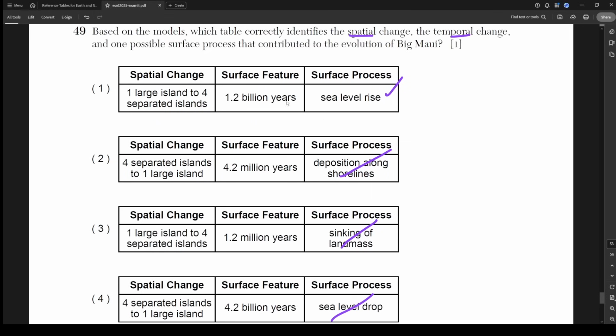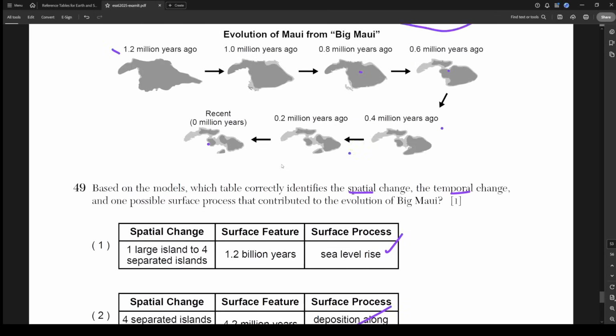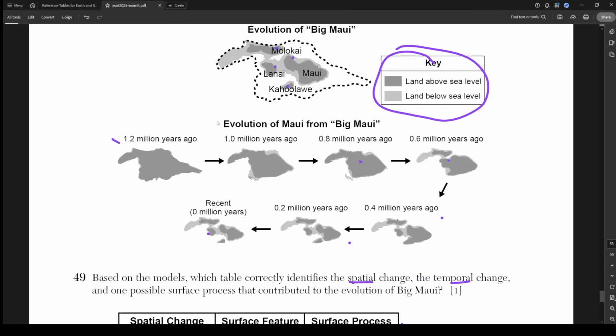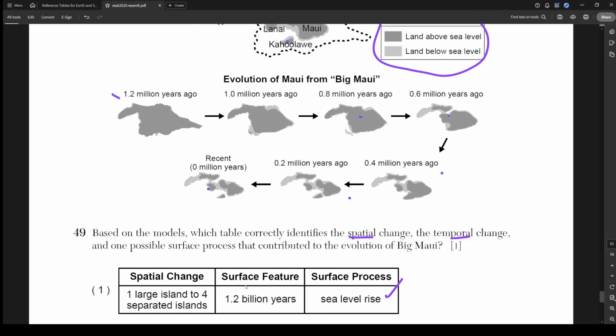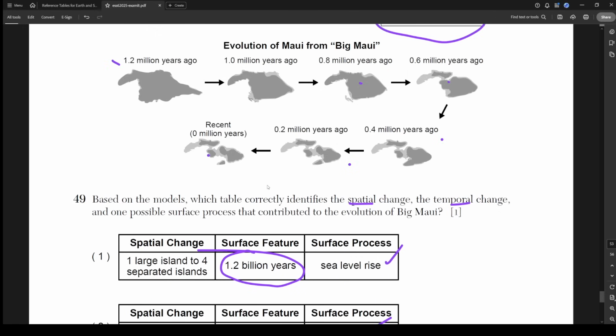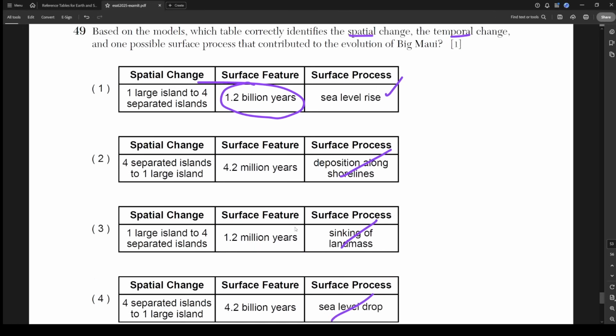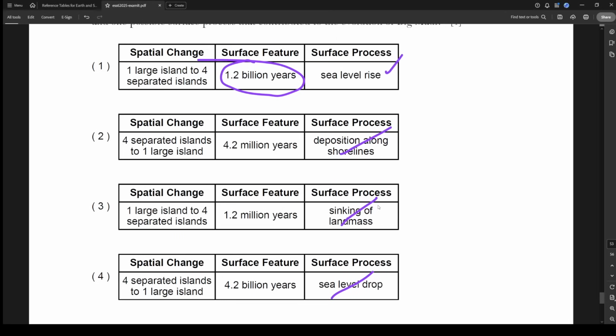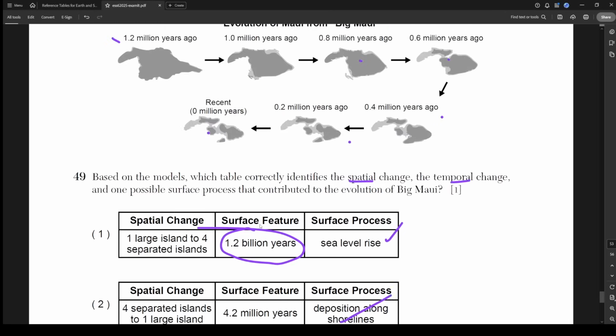Was it really that easy? Does this take 1.2 billion years? No. That can't be right. So I jumped to conclusion there. So it's definitely going to be 1.2 million years. Oh, it technically could be sinking. So this might be the answer, because it's definitely 1.2 million.